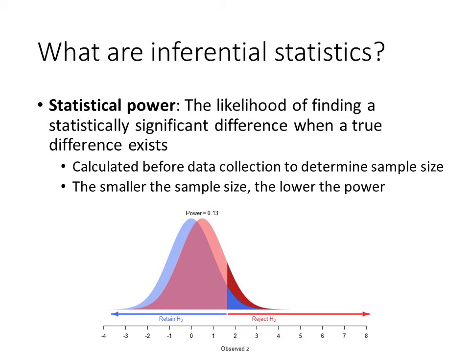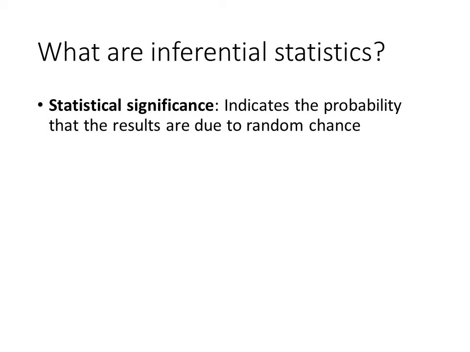This statistic is something that we calculate before we ever collect data in order to determine how many people we need to include in our study. The more people you include, the more confident you can be in your data and in your inferences, in your conclusions.